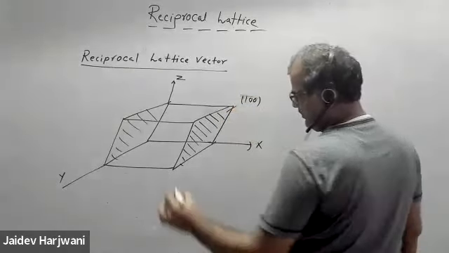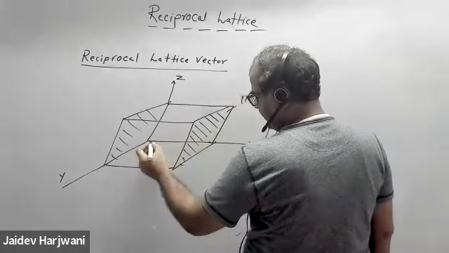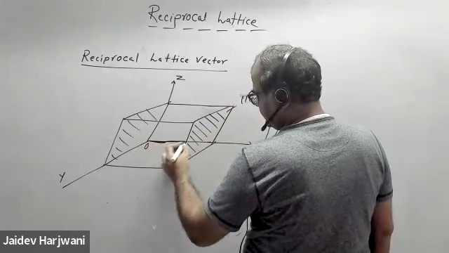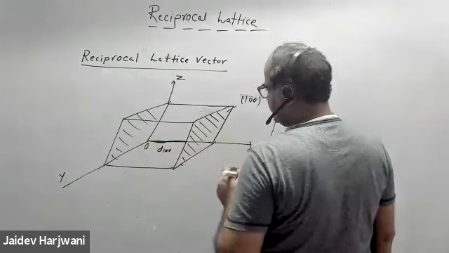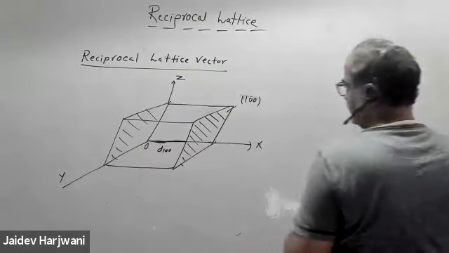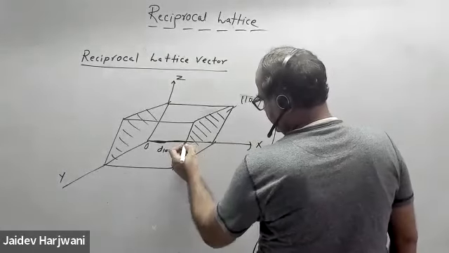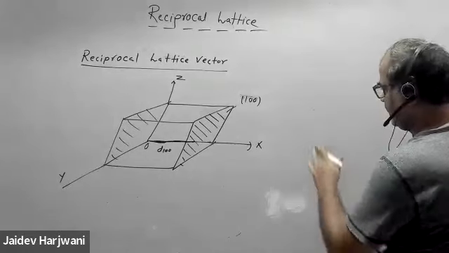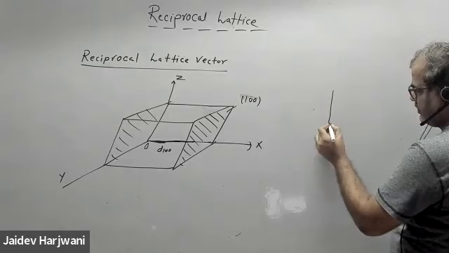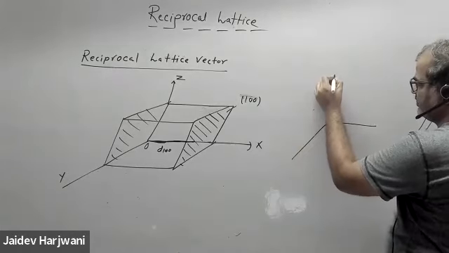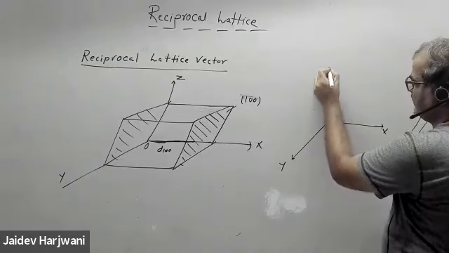If this is my origin, the distance between the origin and this plane is what? D 1 0 0, isn't it? Now if I want to create a reciprocal lattice, say this is my x-axis, this is my y-axis, and this is my z-axis.